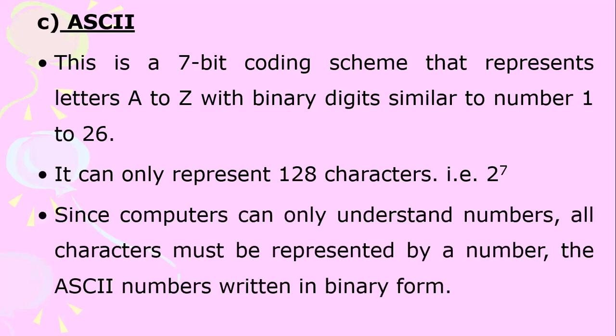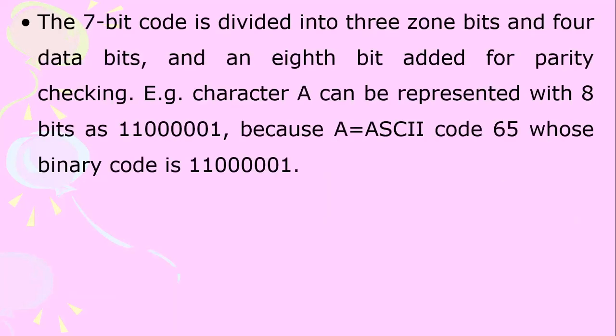Since computers can only understand numbers, all characters must be represented by a number. The ASCII numbers are written in binary form. The 7-bit code is divided into 3 zone bits and 4 data bits, and an 8th bit added for parity checking.